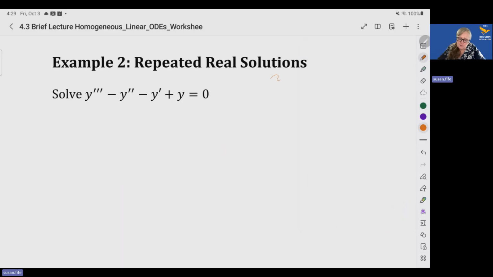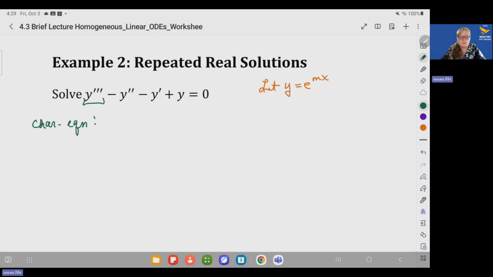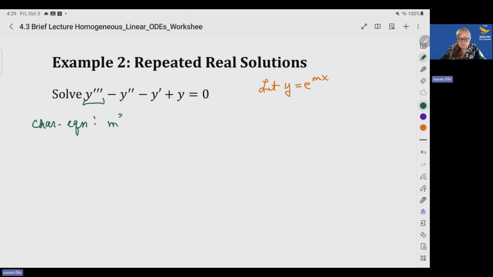So I'm going to let y equal e to the mx, and my characteristic equation then from my third derivative is going to give me m to the third, minus my second derivative will give me m squared, minus my first derivative, minus m, plus no derivative.